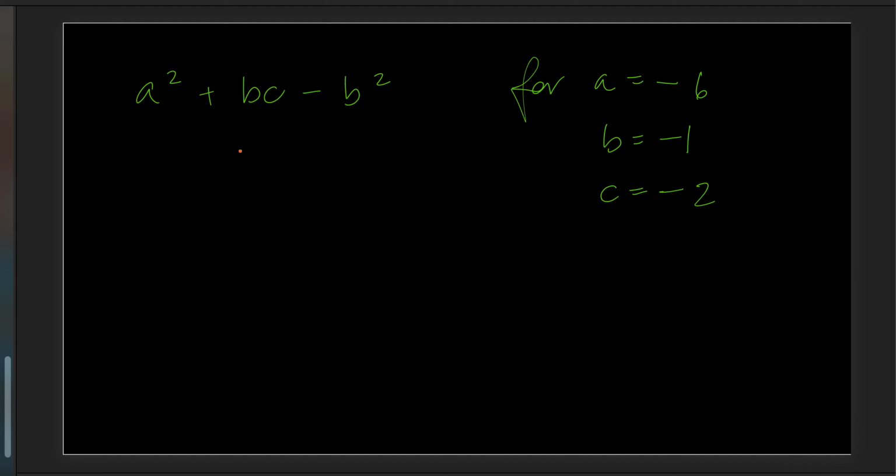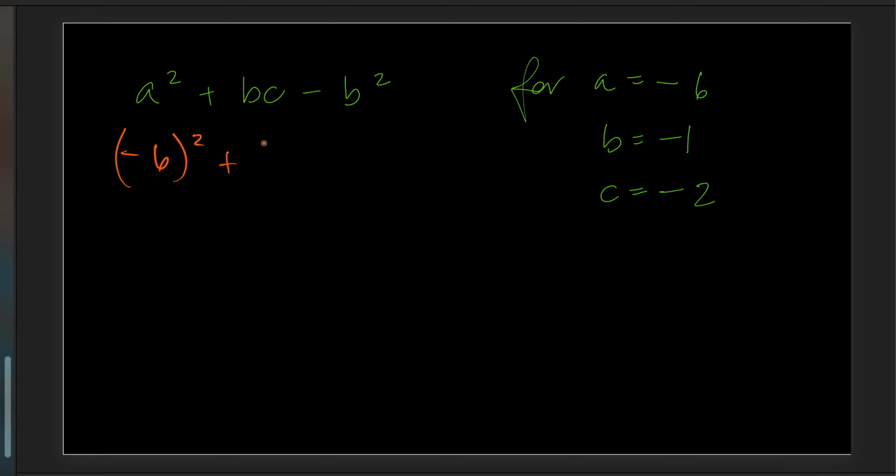Now we'll try this expression, which we've seen before. A squared plus bc minus b squared. We saw something like it. So we're given the values of a, b, and c. So a squared is first. A is -6, so -6 goes in here, -6 squared, plus BC.